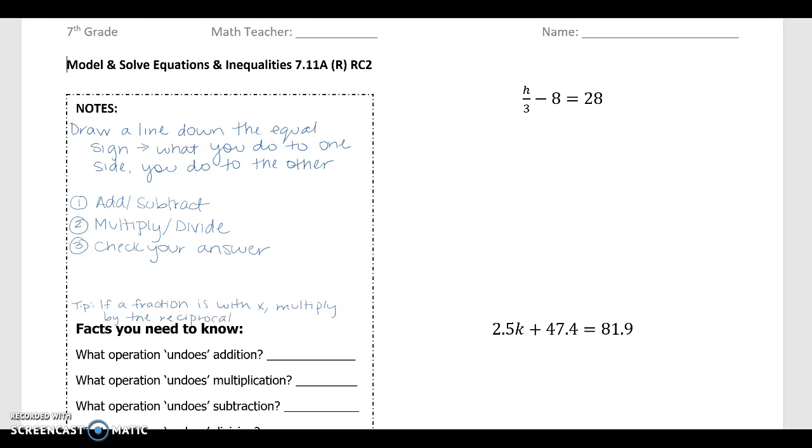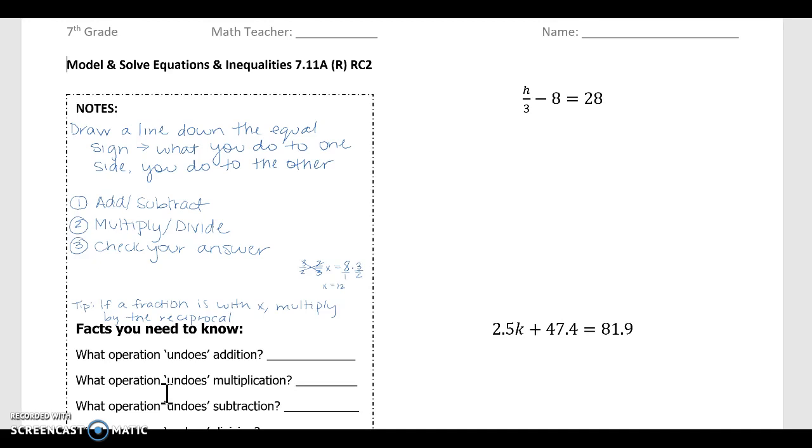For example, if we had 2/3 x equals 8, you would multiply by the reciprocal, which is flipping the fraction. So times 3/2, because 2 times 3 is 6, 2 times 3 is 6, that cancels, it makes 1. So times 3/2, 3 times 8 is 24, 24 divided by 2 is 12. So that's what you do if there's a fraction.